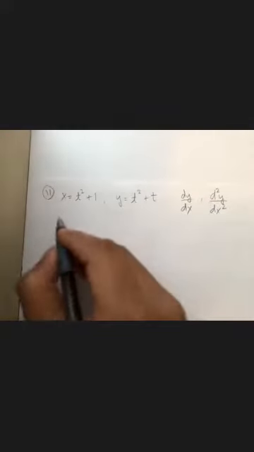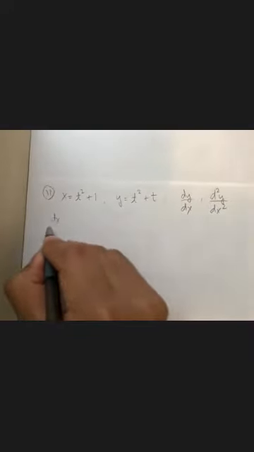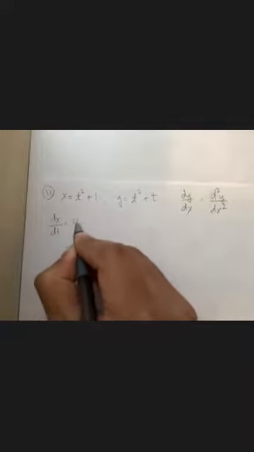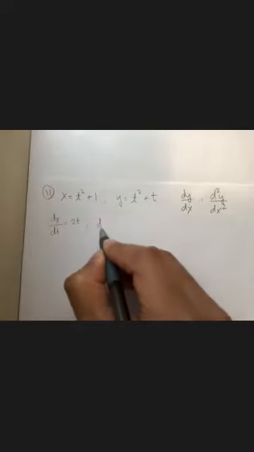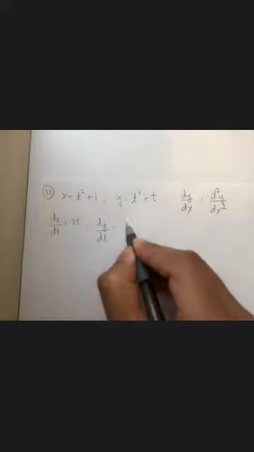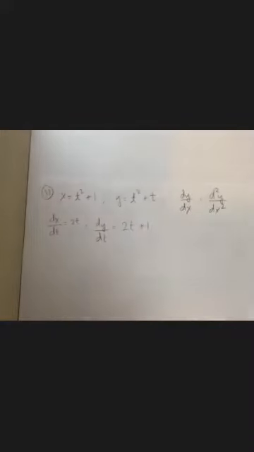So the first step is same. Let's compute what is dx over dt. It is 2t. And dy over dt is 2t plus 1.